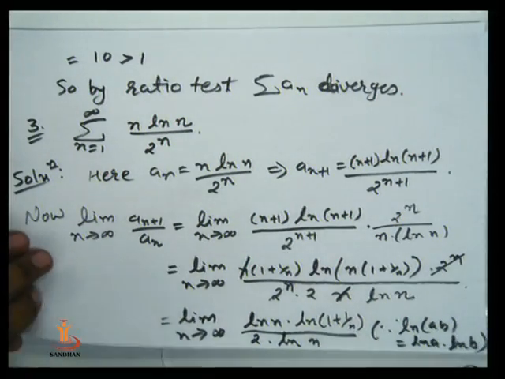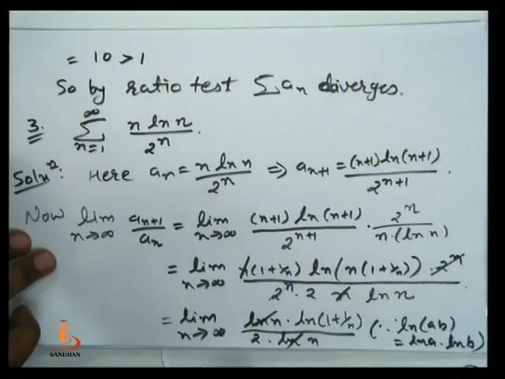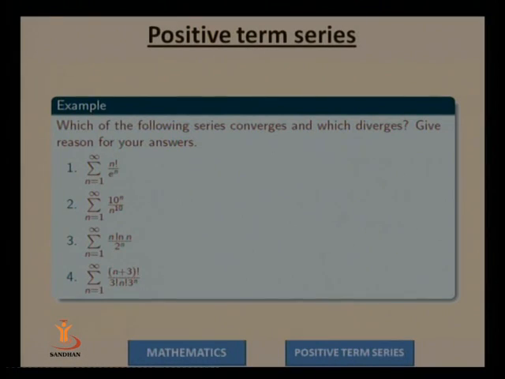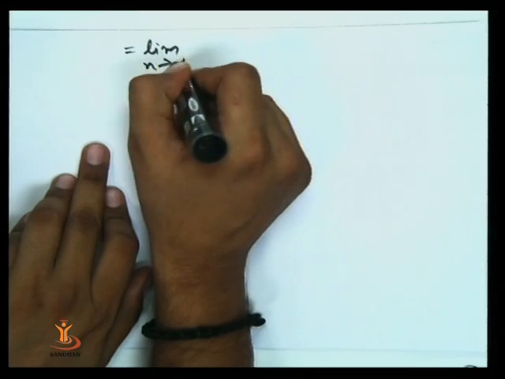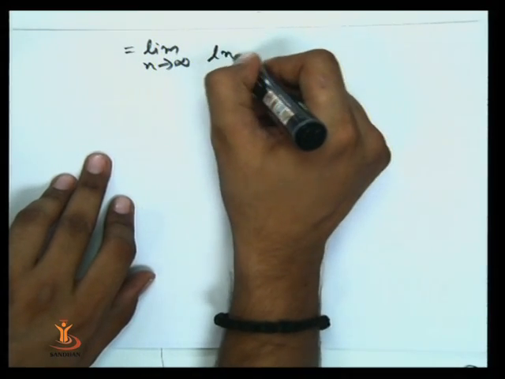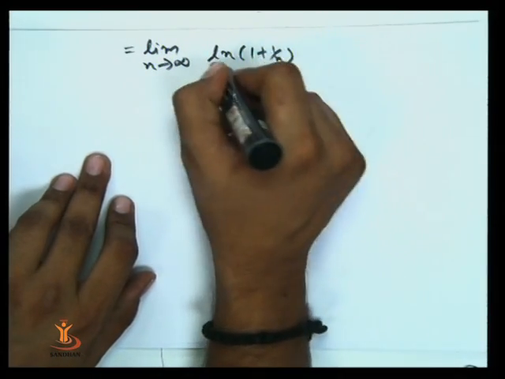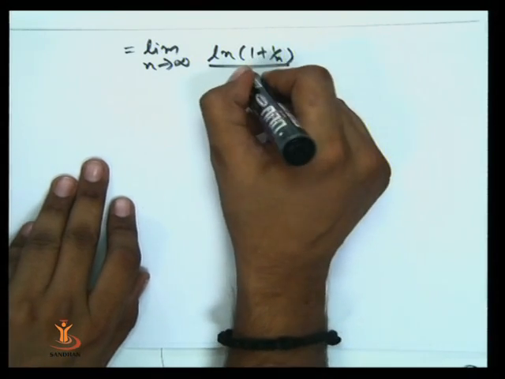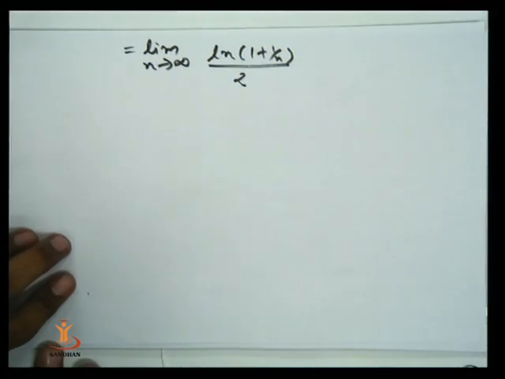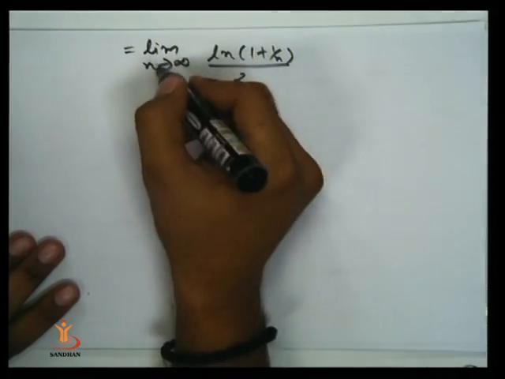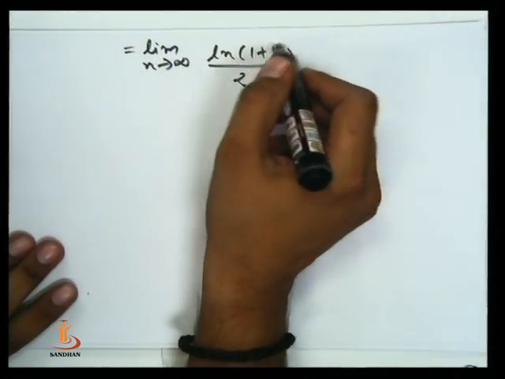So ln n will be cancelled out, and we get the limit as n tends to infinity of ln(1 plus 1 upon n) divided by 2.